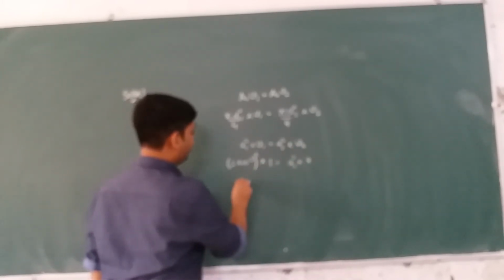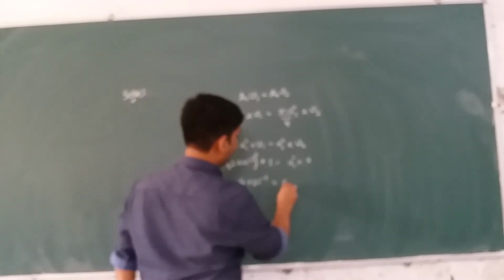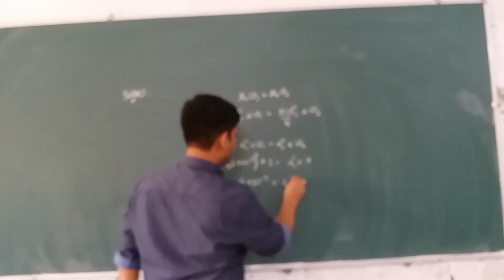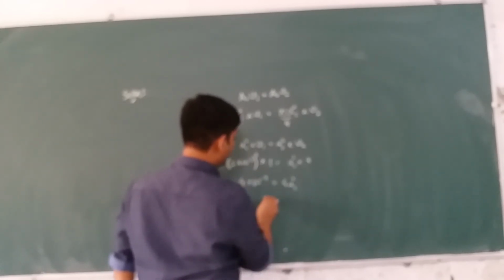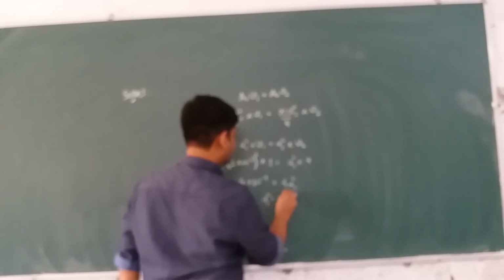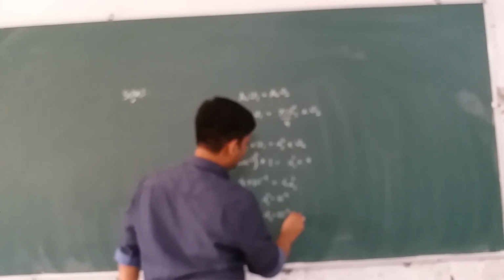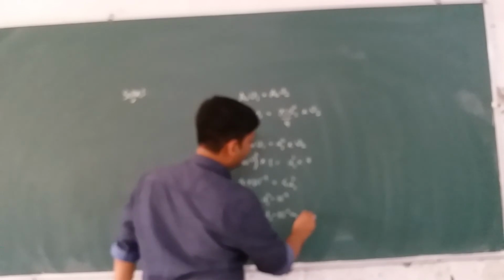So it will be 4 into 10 raised to the power minus 4 is equal to 4 d2 square. This 4 and this 4 gets cancelled out. So d2 square is equal to 10 raised to the power minus 4, and from here d2 is equal to 10 raised to the power minus 2 meter, which is actually equal to 1 centimeter.